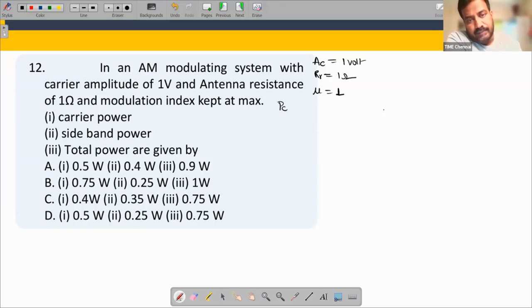Find carrier power. Ac square by 2R, it's 0.5 watt.